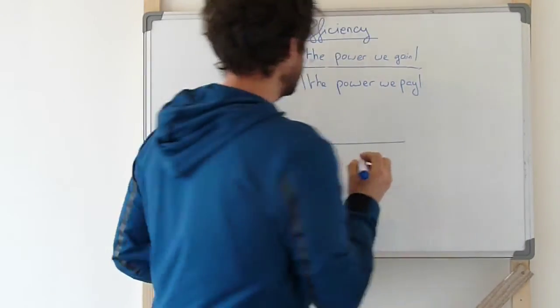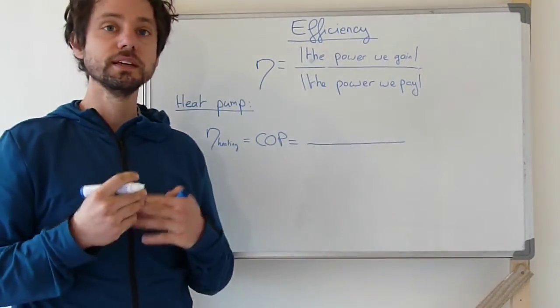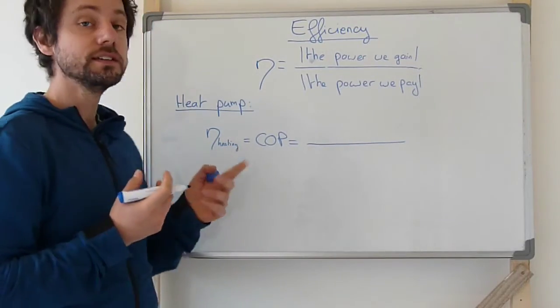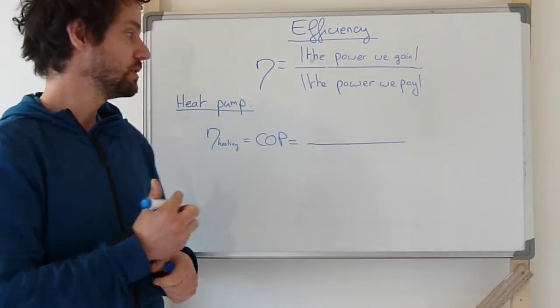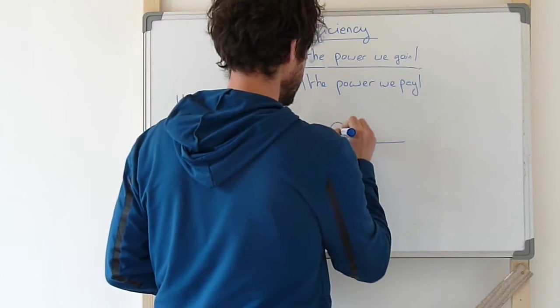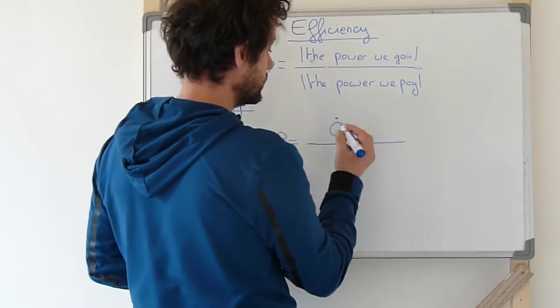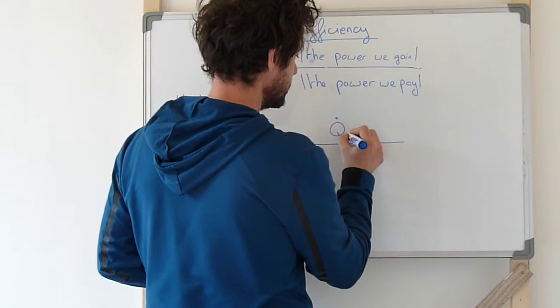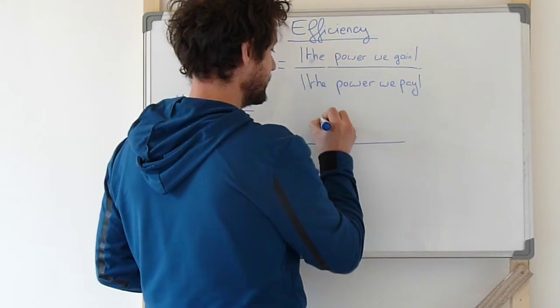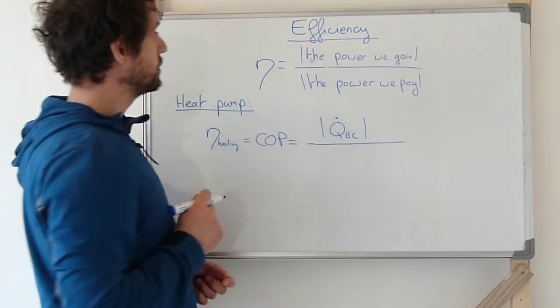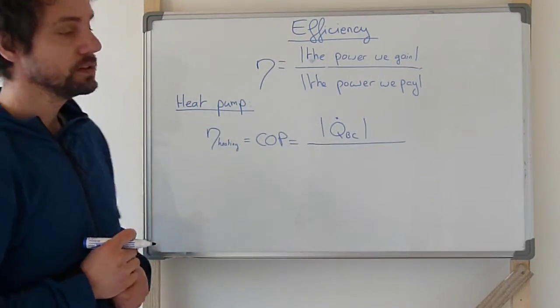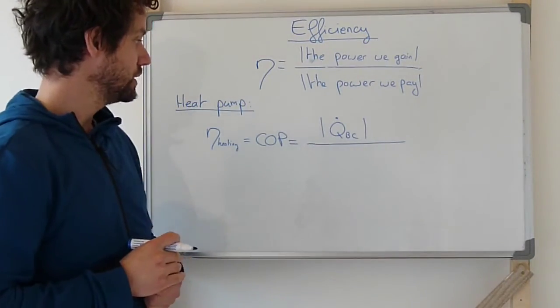Here the power we gain is the heating power to the hot source, so it is directly the heat transfer with the hot source, between B and C. And we only want a positive value for the efficiency, so we take the absolute value.